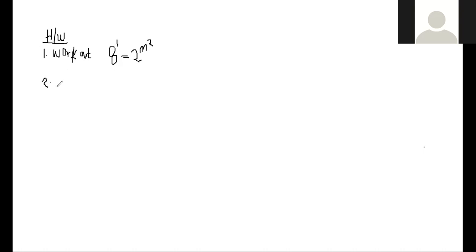Number 2, you are going to simplify the following. We have 7 raised to the power of 18 raised to the power of 18. We divide this one by 7 raised to the power of 3, and then the whole of this is again raised to the power of 2.